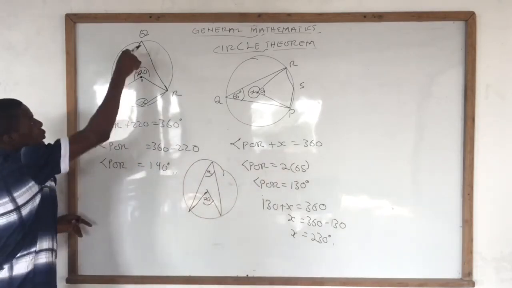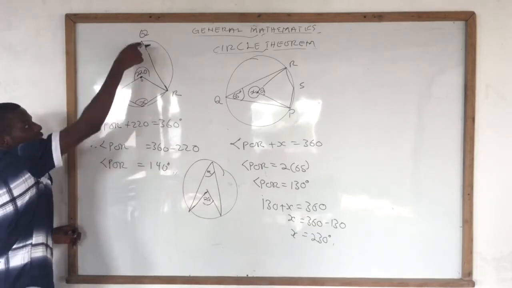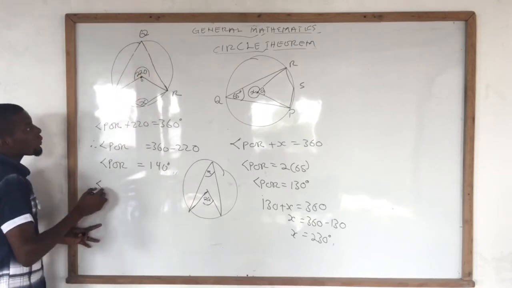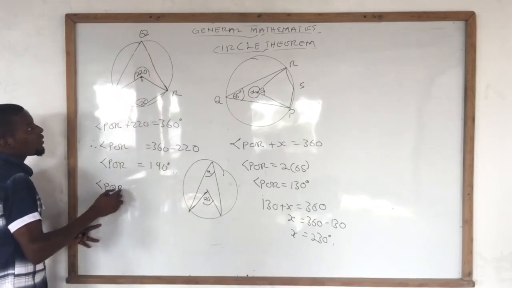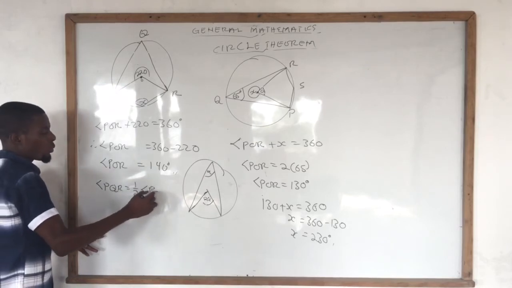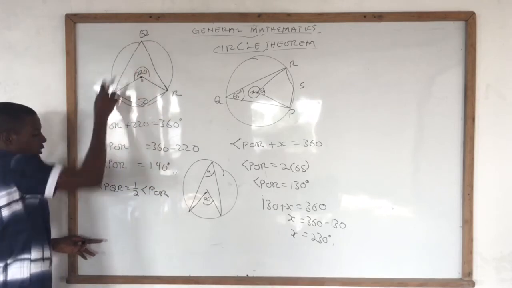And then we all know that this one that I need, until I get this I can't find it, because this plus this will give me 180, right? So now, how do I get this? I know that angle PQR is equal to half angle POR. Since I've gotten here, half this one will give me this.